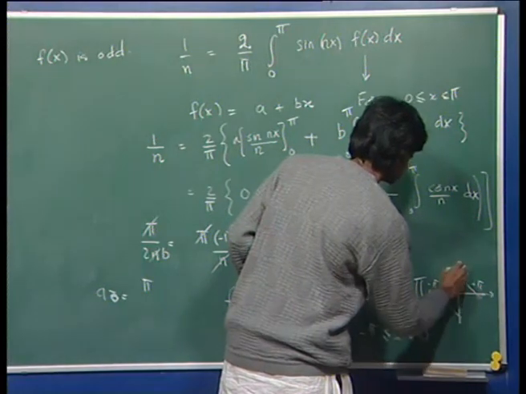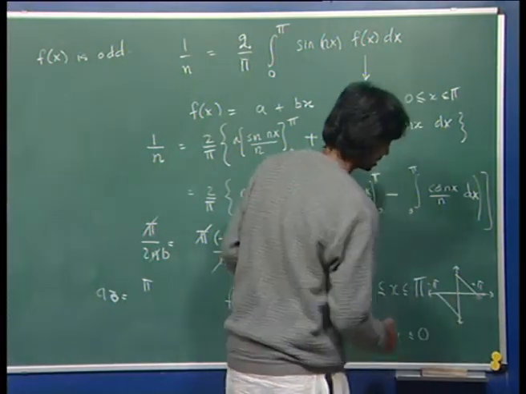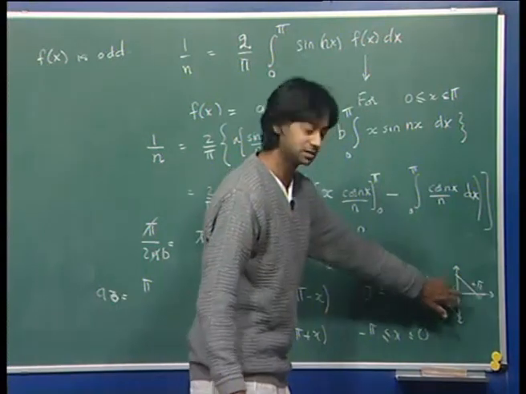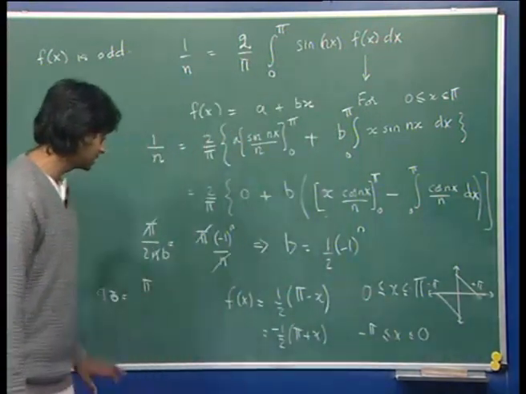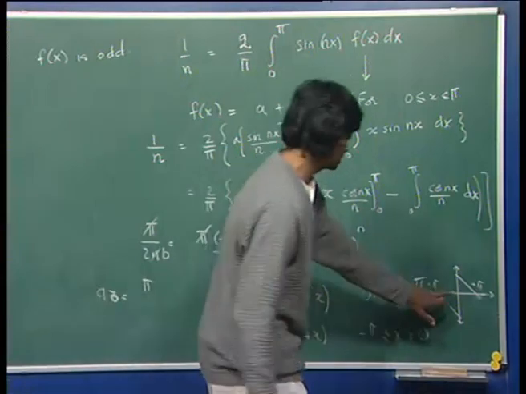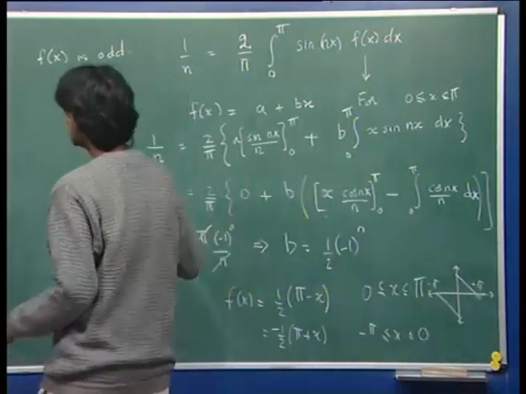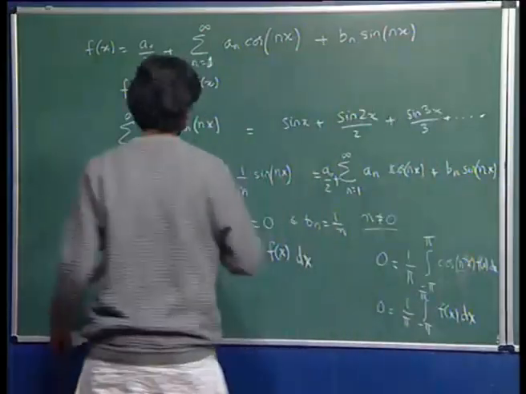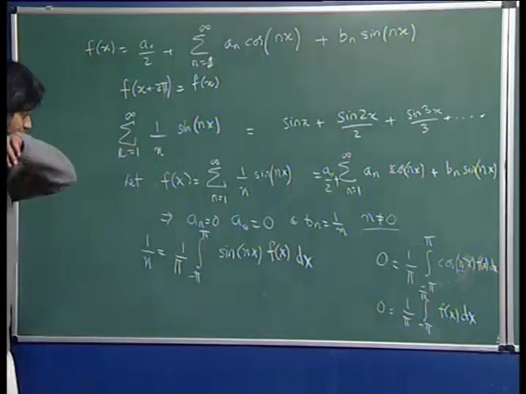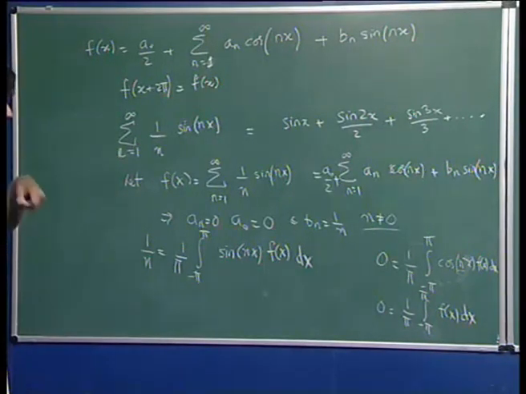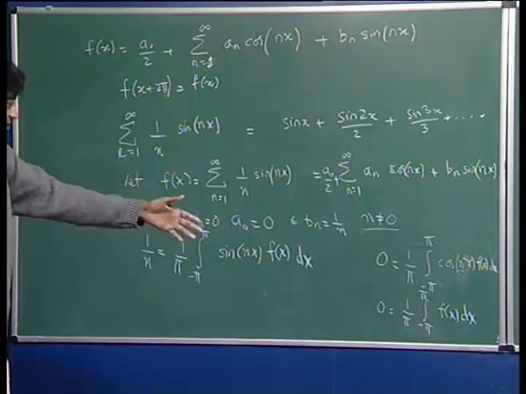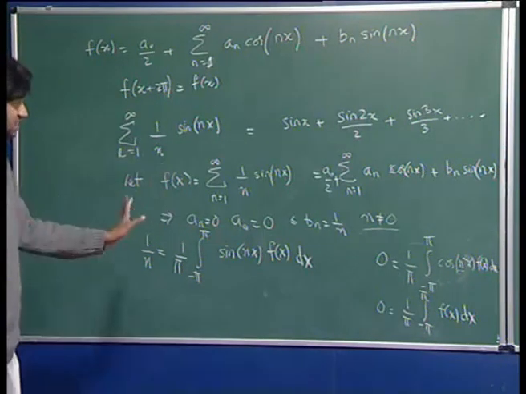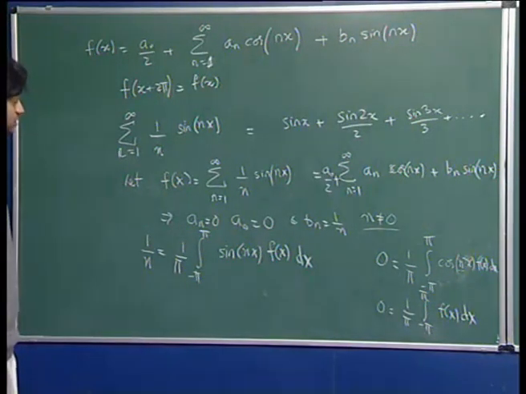And what you have is f of x is an odd function, and the Fourier representation is just 1 over n sin nx. Okay, and you can easily verify that this satisfies this sort of expression.